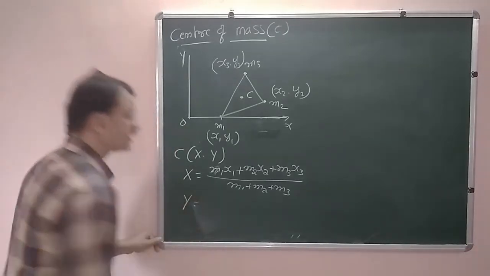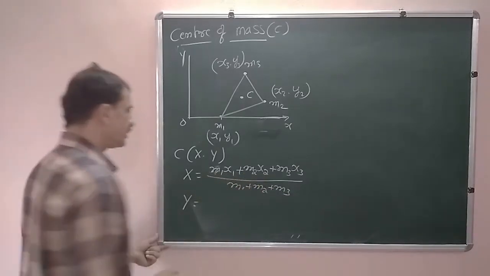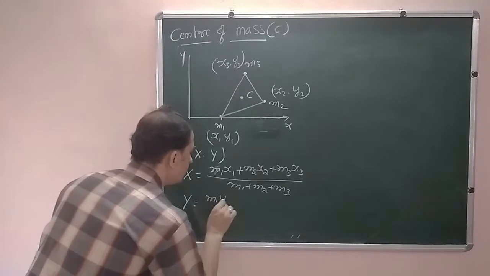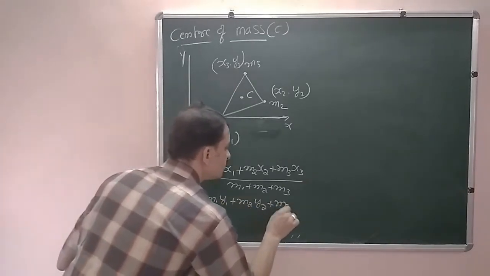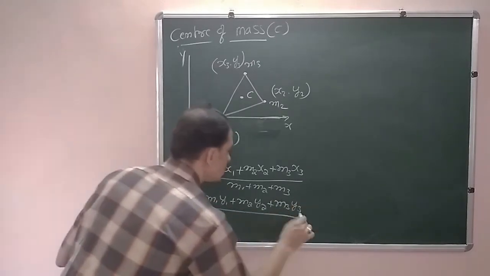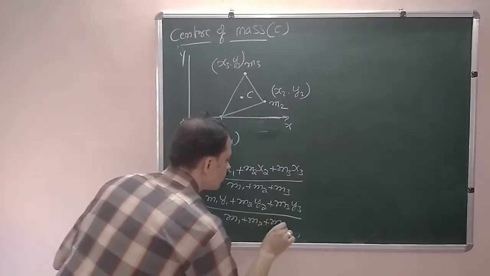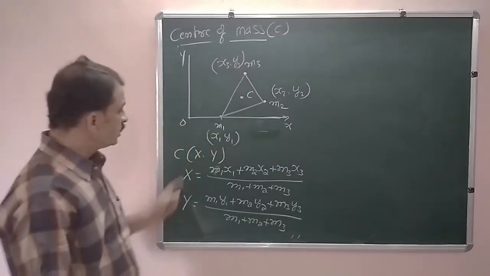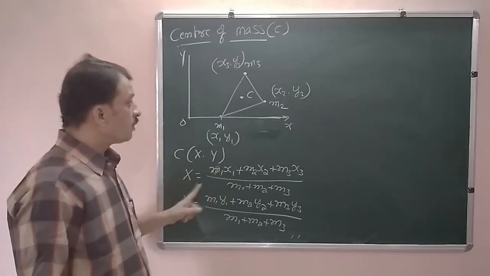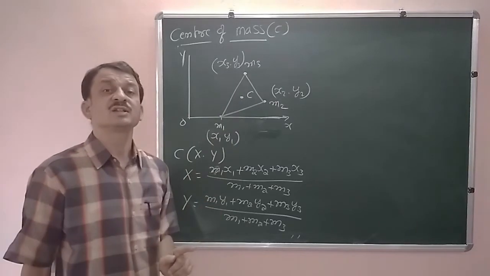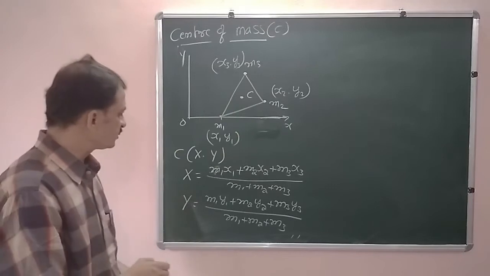Similarly, for the y coordinate of the center of mass, instead of x we replace it by y. That becomes the y coordinate: m1 y1 plus m2 y2 plus m3 y3. Once again the denominator is the sum of the masses, m1 plus m2 plus m3. This is how we write the position coordinates of three particles which are not in the same straight line. They are going to form a triangle.